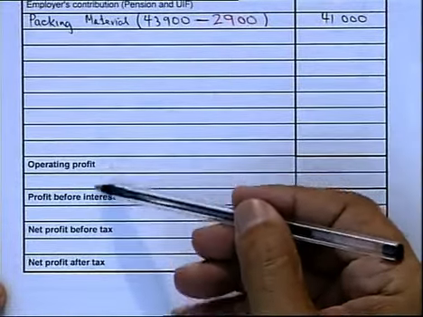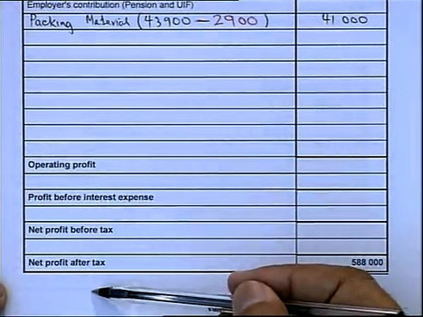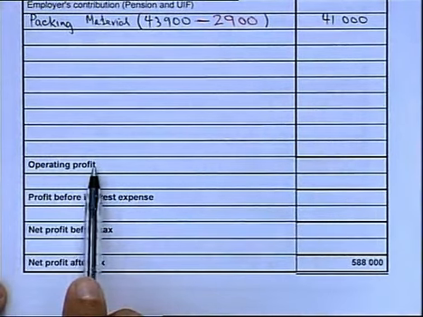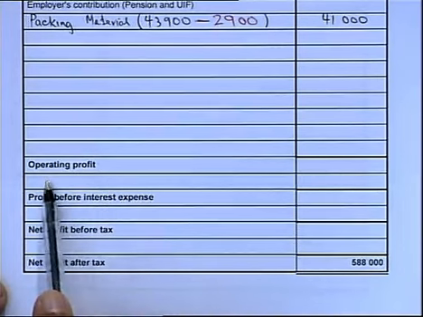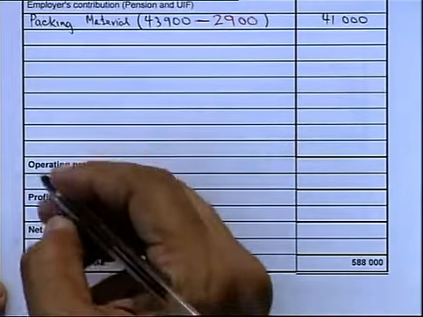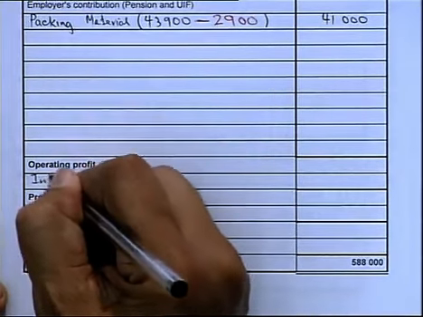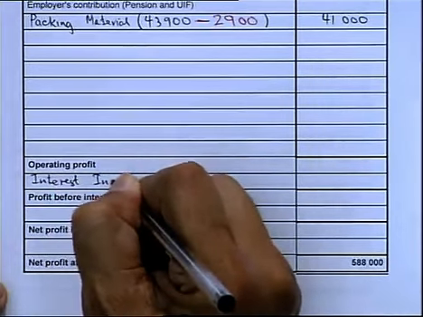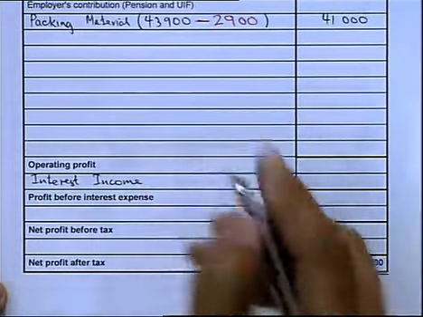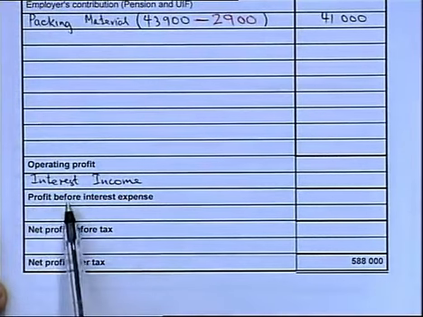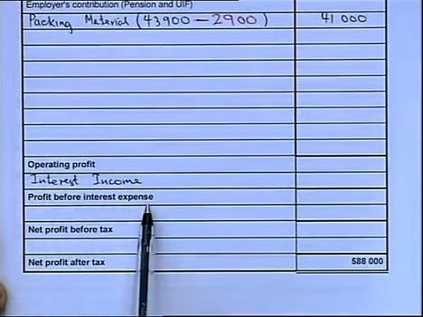the extra part at the bottom that is left open, it starts with operating profit. Then the next line, it's blank. Learners, you will have to fill in that. That will be interest income. Then we get the profit before interest expense.